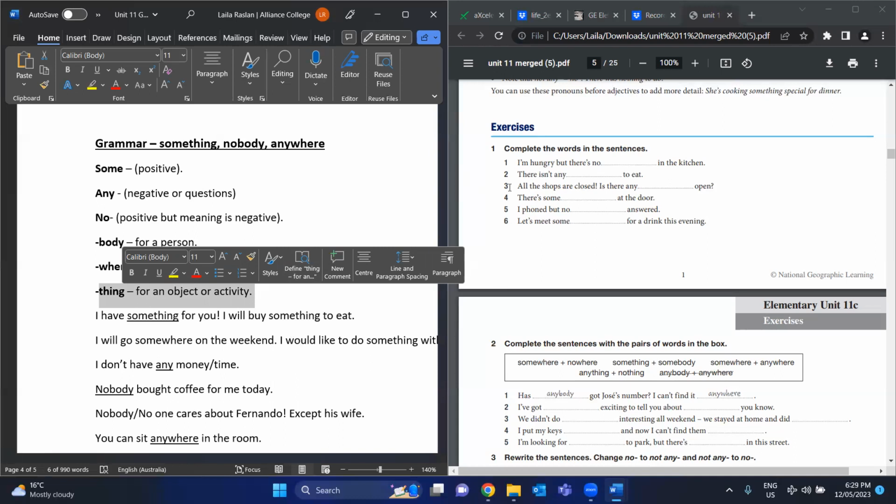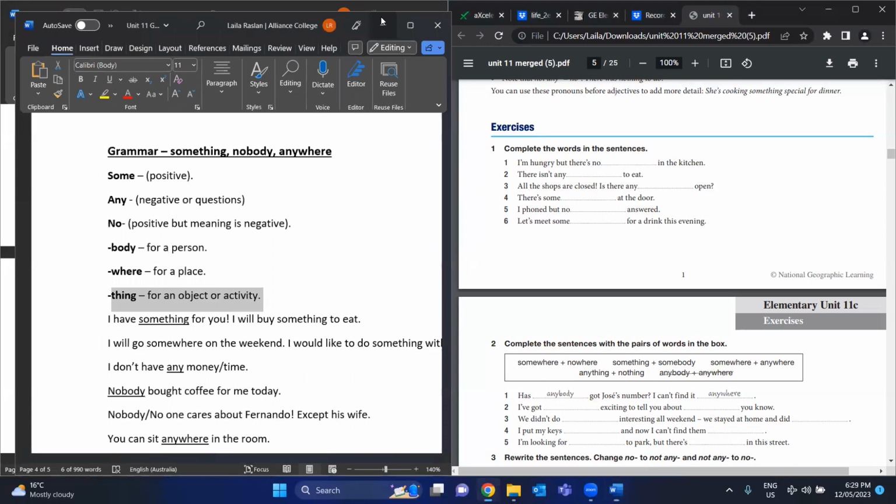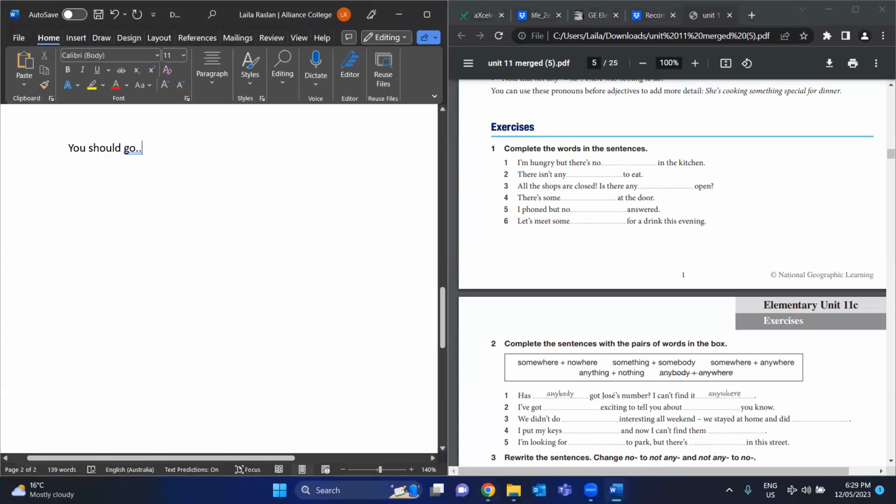3. Camilla? All the shops are closed. Is there anywhere open? Yeah. Is there anywhere open? Any place? Is there any place open? Nothing, anything.